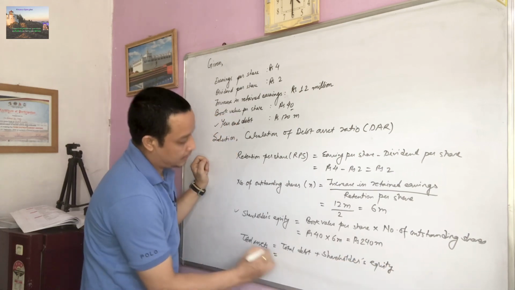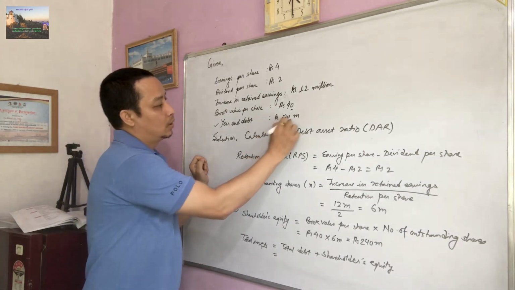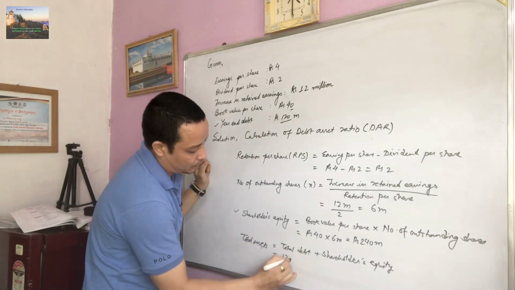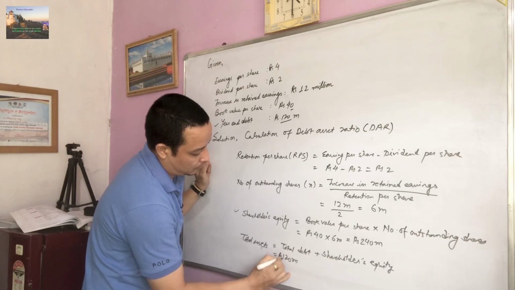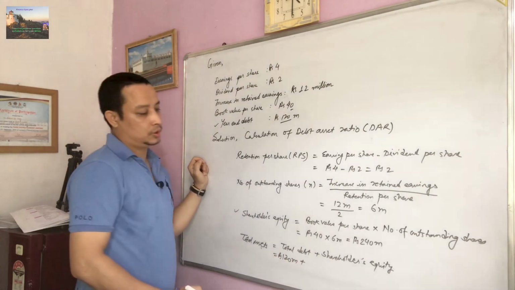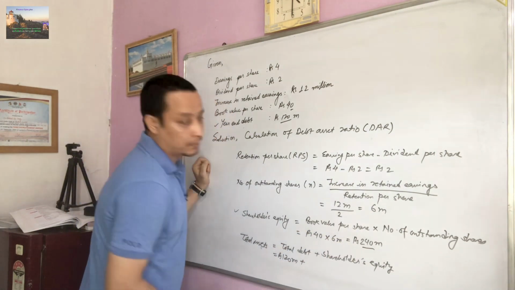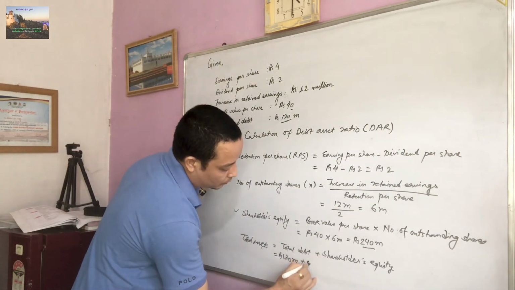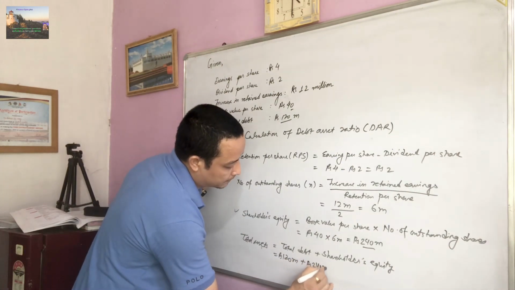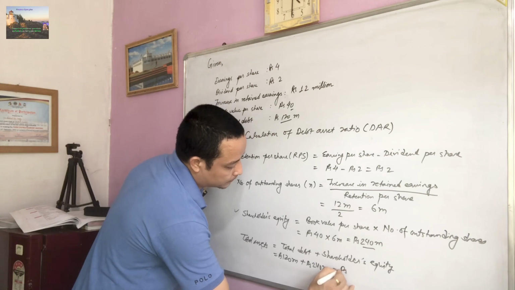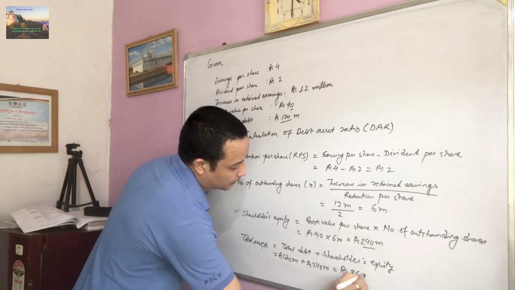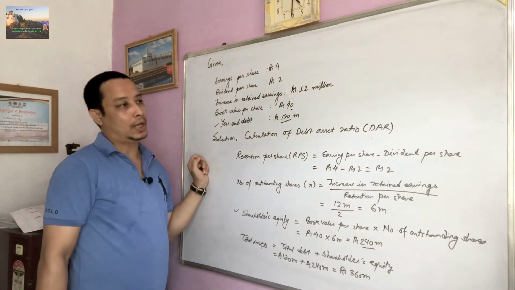Total debt is given here 120 million and shareholder equity you have already found, rupees 240 million. So total is rupees 360 million, which is the total asset.